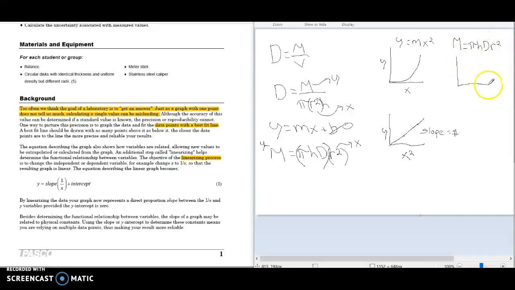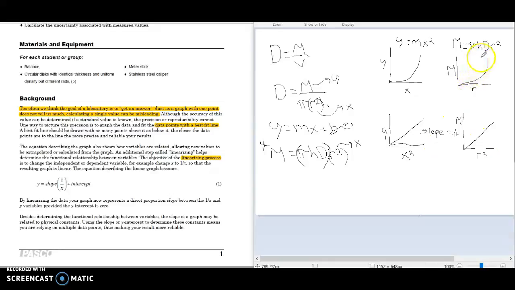So if we were to make a graph of mass and r, we would get a parabola, just like this. And to make it into a straight line, the mass, the y value, stays the same, and then with the r, we square it. So now, if we were to plot the graph, we would get a straight linear line. And we can calculate the slope by taking 2 points and figuring out that number.